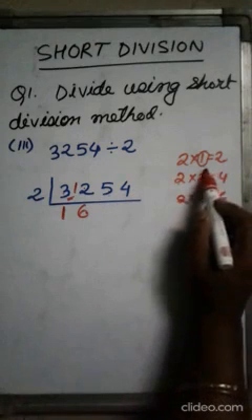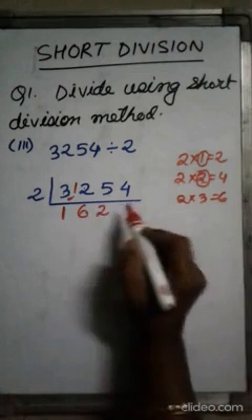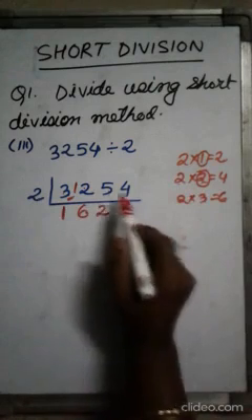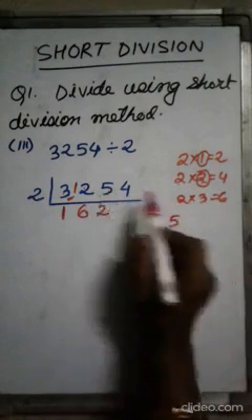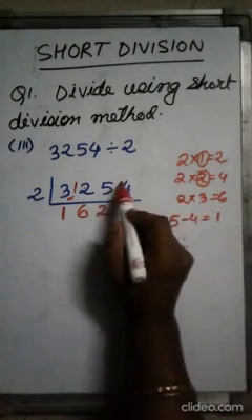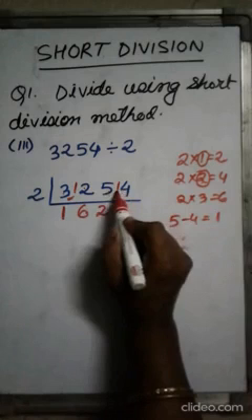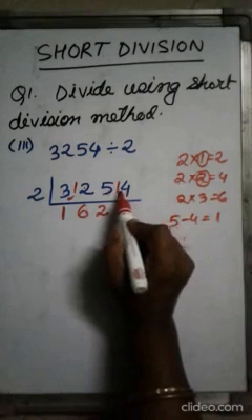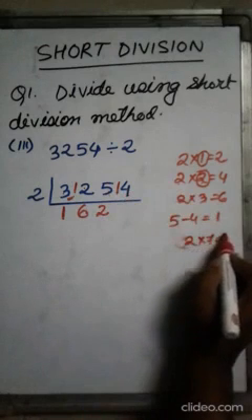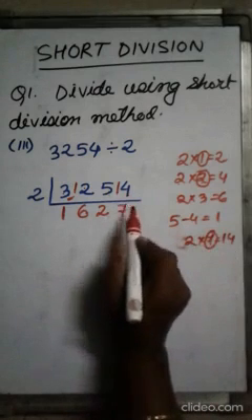So we shall write this 2 here. 2 into 2 is 4. This 5 minus 4 is 1 again. This 1 will be joining with the next digit 4. It becomes 14. 2 into 7 is 14. So we shall write this 7.